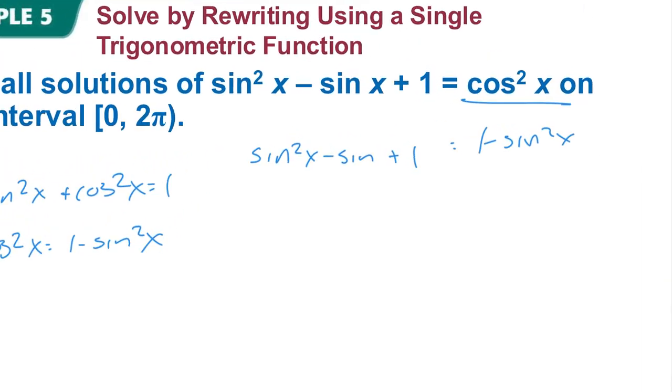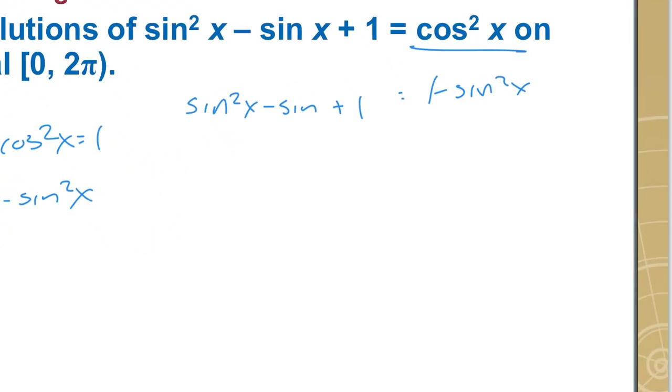Now, we'll zoom in here a little bit. Let's get everything to one side. And again, if it helps you to think of it, you could always think of this as s squared minus s plus 1 equals 1 minus s squared, and solve it that way, all right?